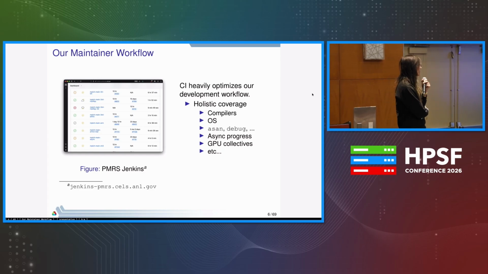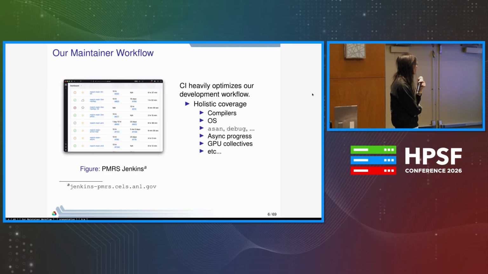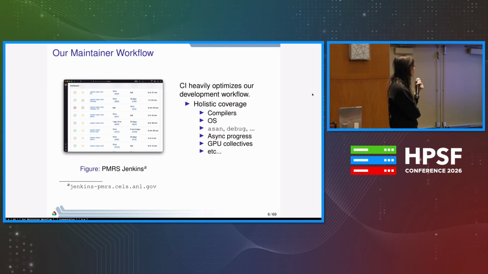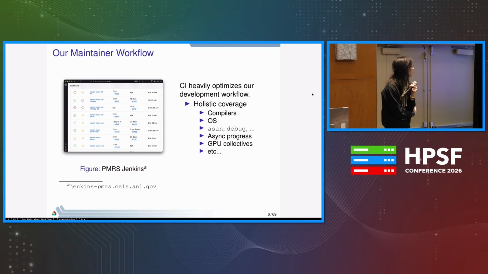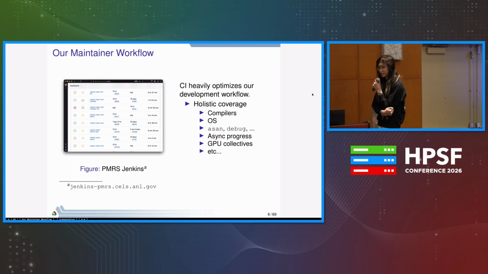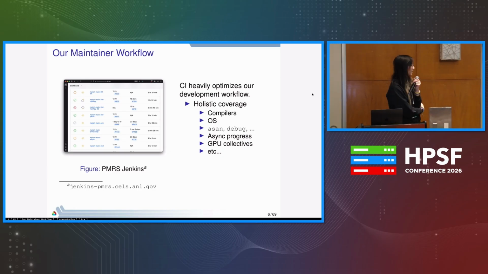MPICH has async progress as a feature flag, so we'll try that, and we'll also try GPU collectives on particular hosts, for example with NVIDIA GPUs or AMD GPUs. This provides us the harness for having these tests all be done in a relatively automated manner.